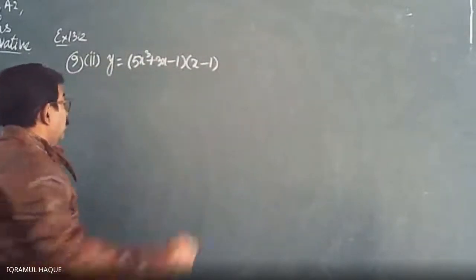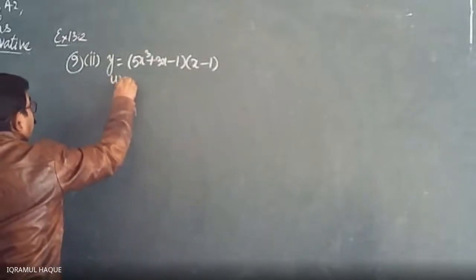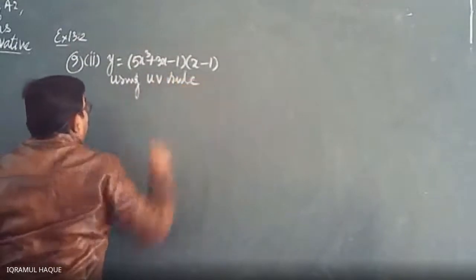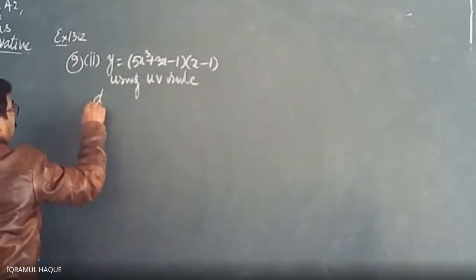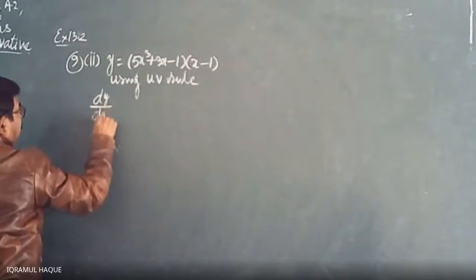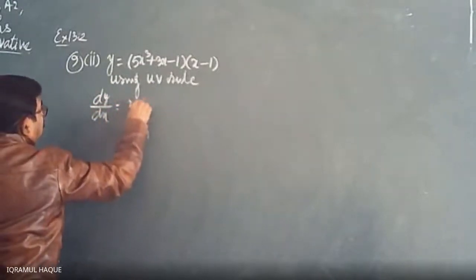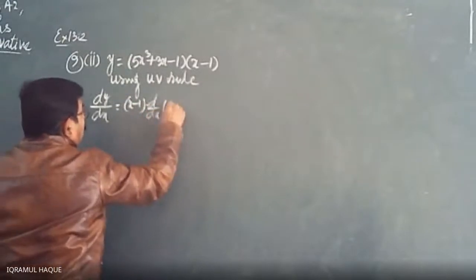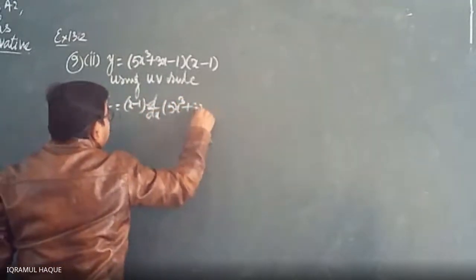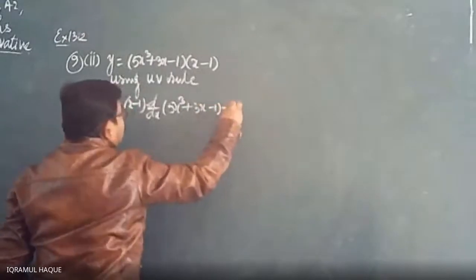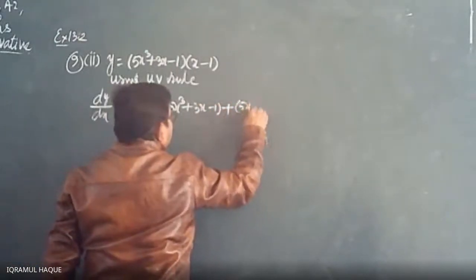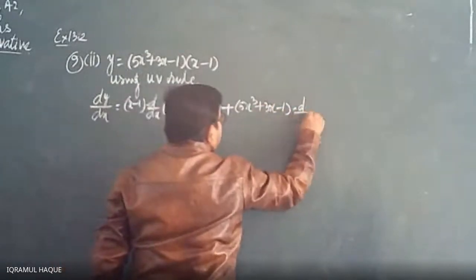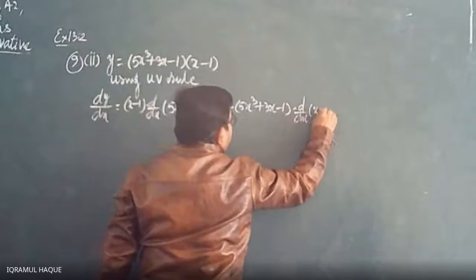Using the UV rule, we have dy upon dx is equal to (x minus 1) into d of dx of (5x cube plus 3x minus 1) plus (5x cube plus 3x minus 1) into d of dx of (x minus 1).